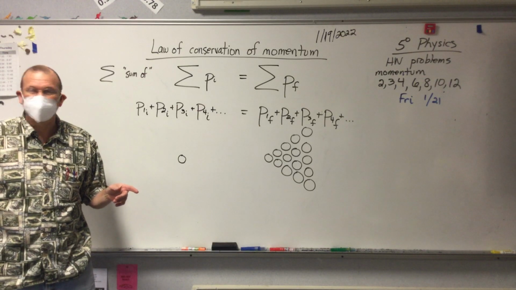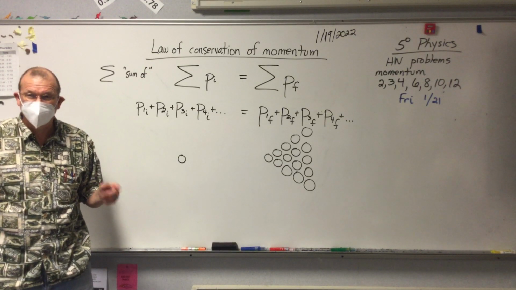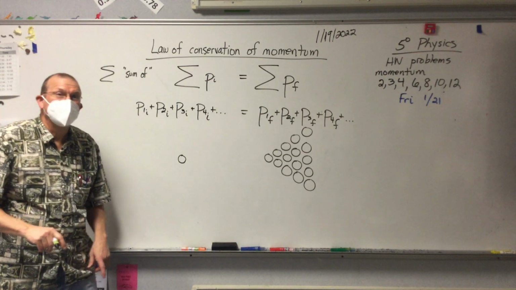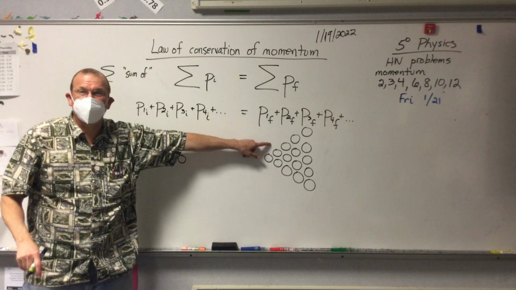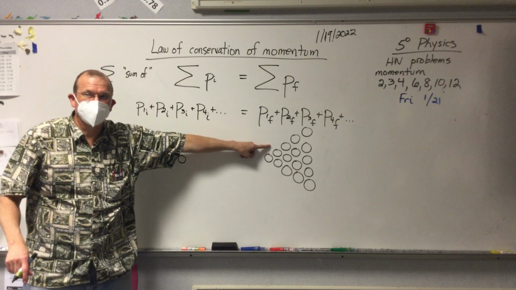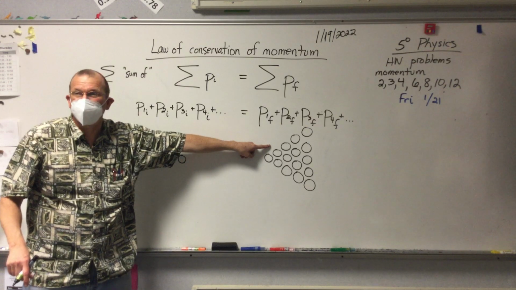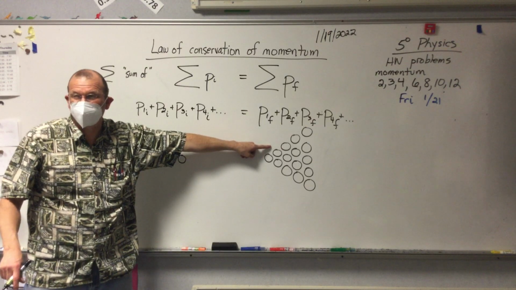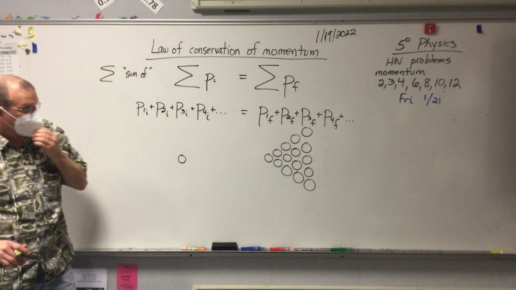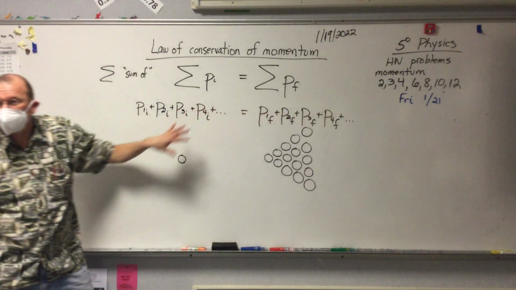The number of objects here. How many do we have? 15. If this was bowling, how many would we have? 10. Now, this whole thing is our system.